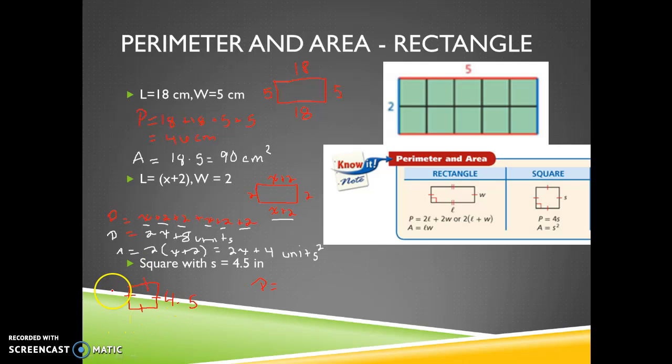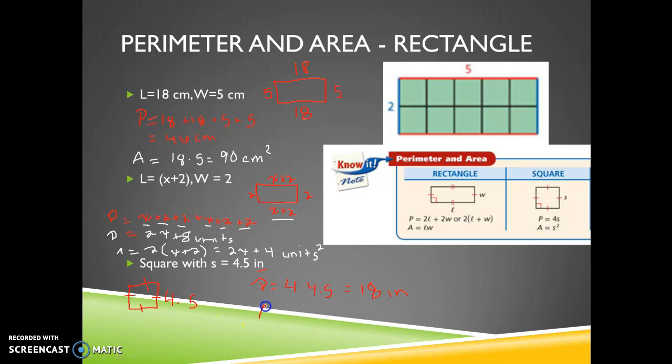That means we have 4.5 4 times. So the shorter way is to do 4 times 4.5. Or if you wanted to write out 4.5 plus 4.5 4 times, that's fine as well. Either way, you should arrive at a result of 18. And they told us it was inches, so we have inches.